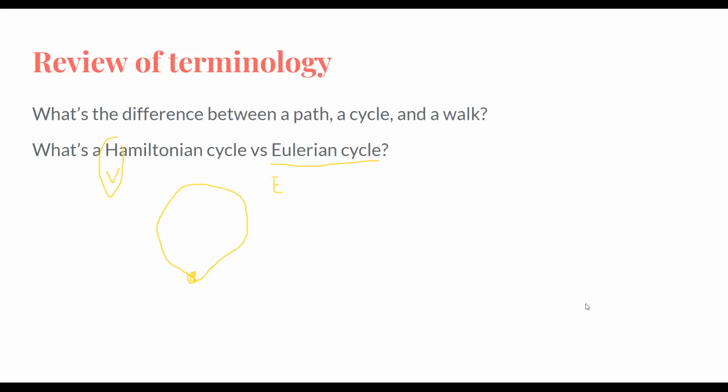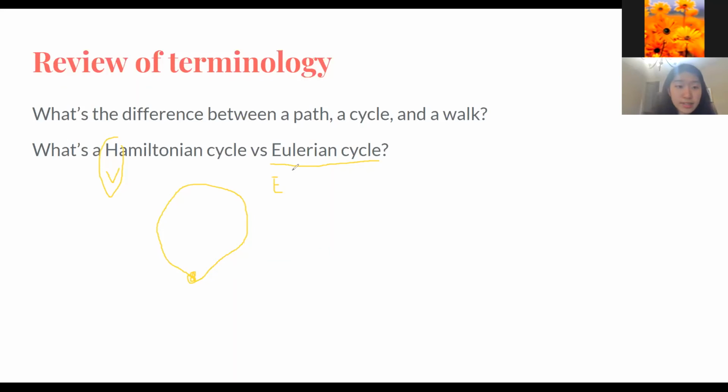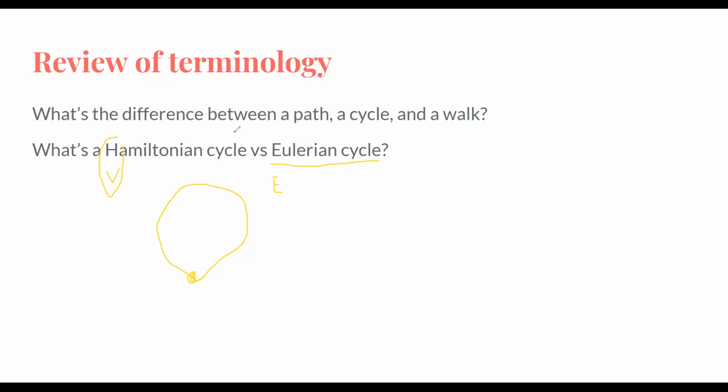Yep, a cycle starts and ends at the same spot. The other two don't necessarily have to. What about the difference between a path and a walk? What was the distinction between those two? I see someone typed in chat, a path cannot be at the same vertex. Yeah, paths can only visit each vertex once.